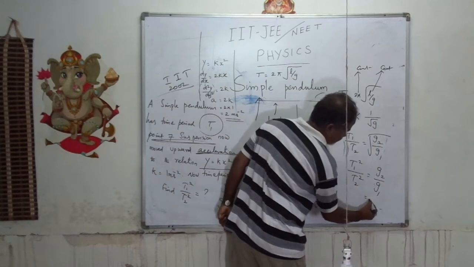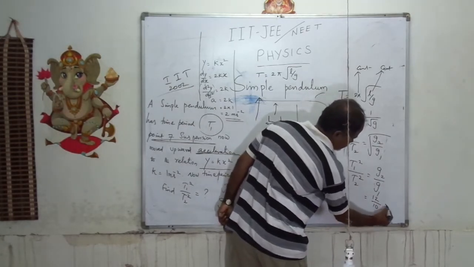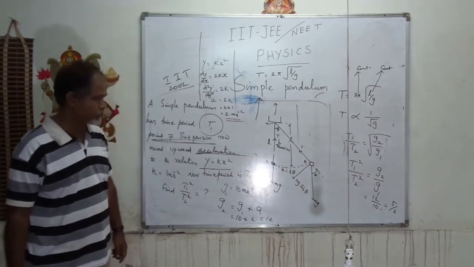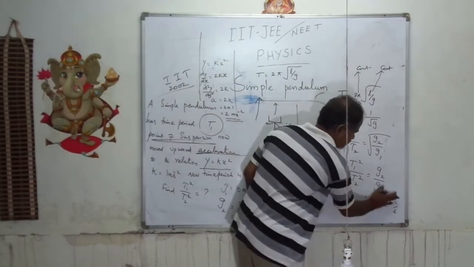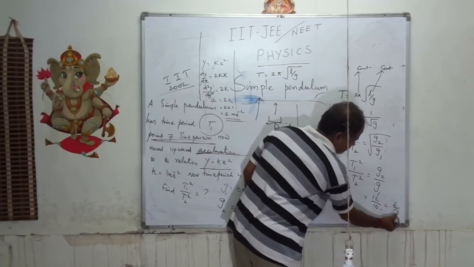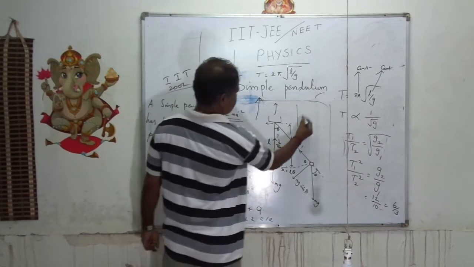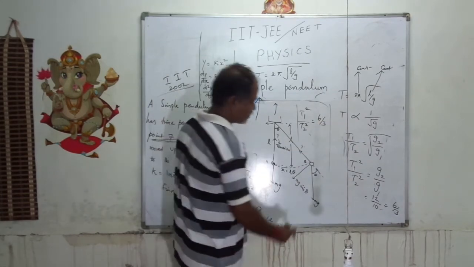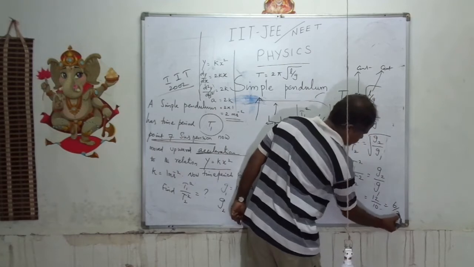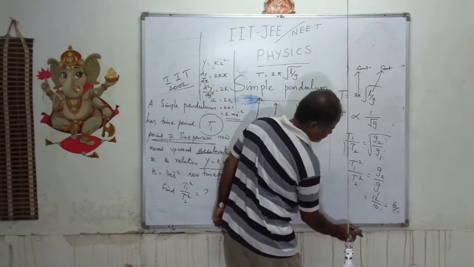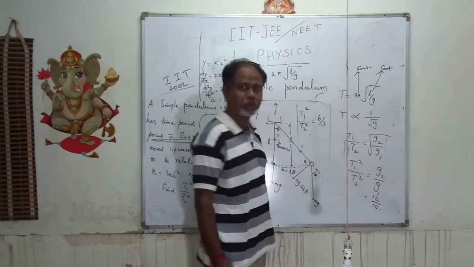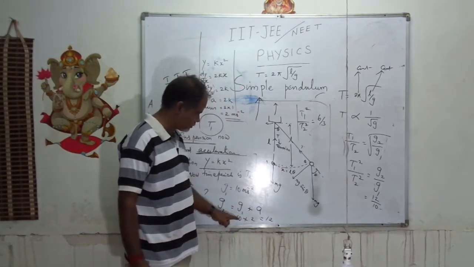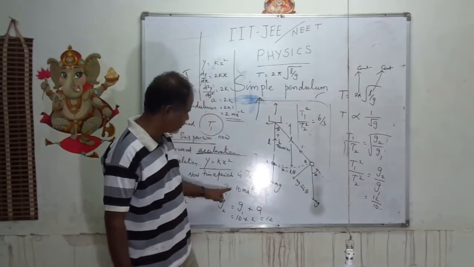Let's substitute here. 12 by 10. g2 is 12 and g1 is 10.